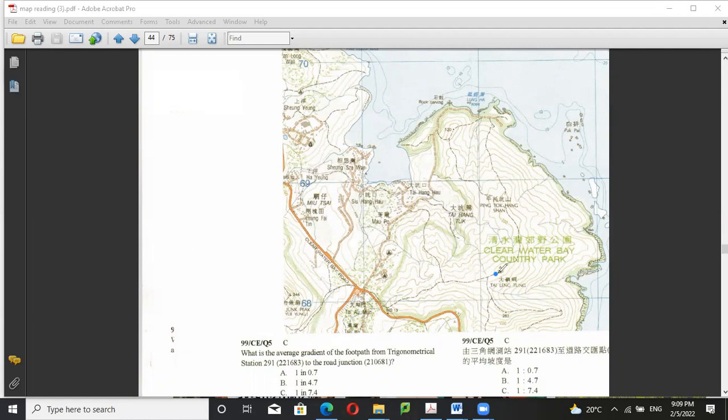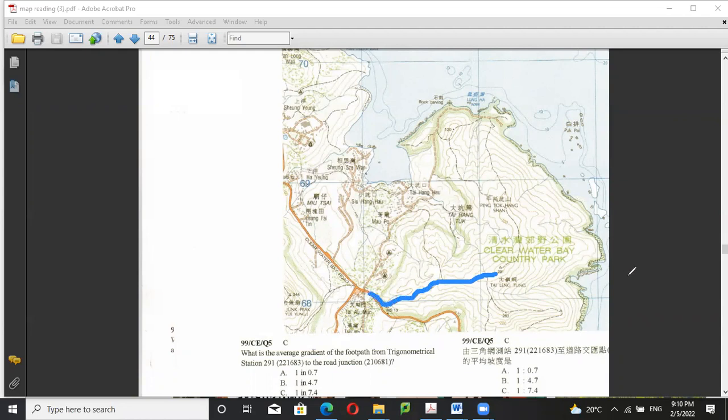This 221, then 210681 right here. Oops, I'm having some deviation here. One more time. Like this.